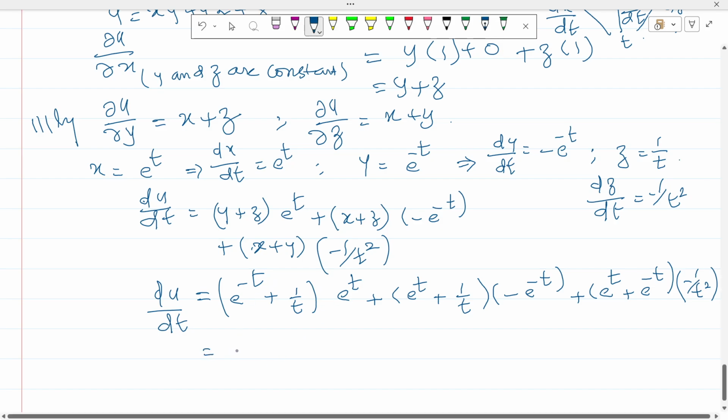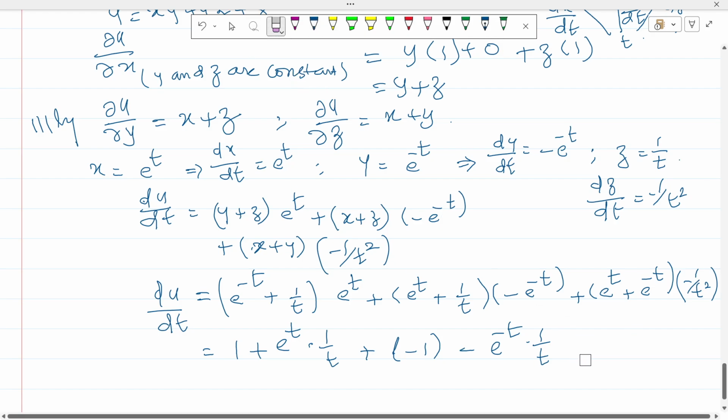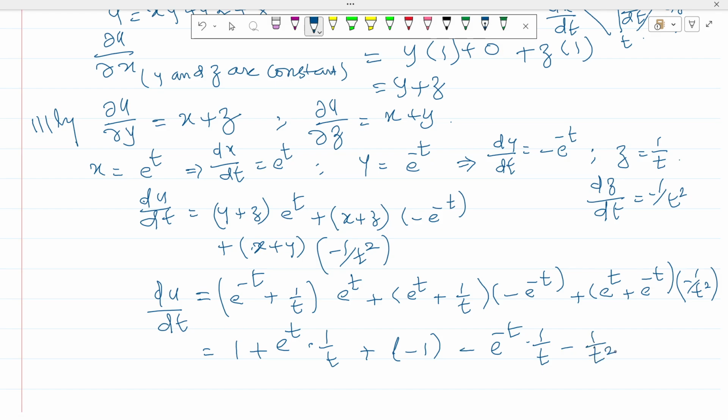So e power minus t times e power t is 1, plus e power t into 1 by t, plus e power t times e power minus t with the minus is minus 1, then multiply this, minus e power minus t into 1 by t, plus e power t times e power minus t is not plus, minus, we can write outside, minus 1 by t square times e power t plus e power minus t.